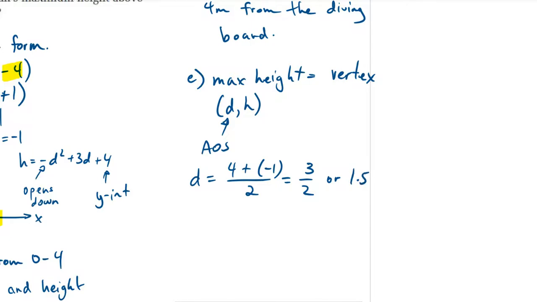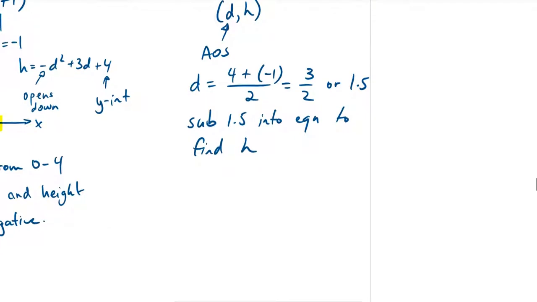We're going to sub that 1.5 into the equation to find h. So here's my equation: h equals negative d squared plus 3d plus 4, so negative 1.5 squared plus 3 times 1.5 plus 4.